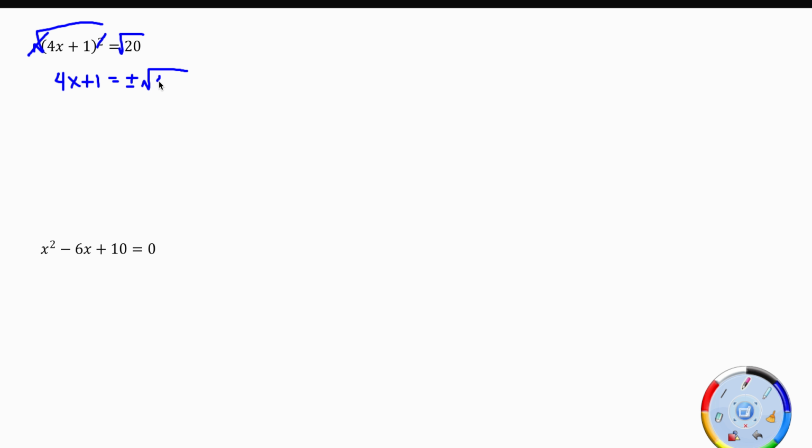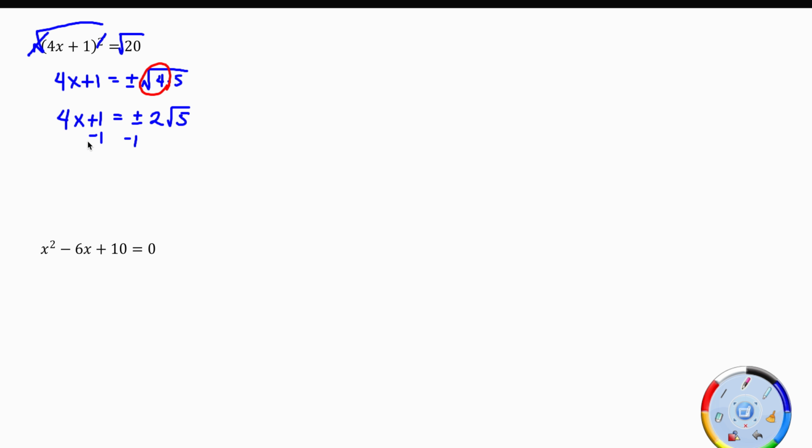And then 20, I can change to 4 times 5, because the square root of 4 I can simplify. So that gives me 4x plus 1 equals plus or minus 2. Now the 5 still stays under the radical, so 2 square roots of 5. And now it's just a linear equation I can solve.